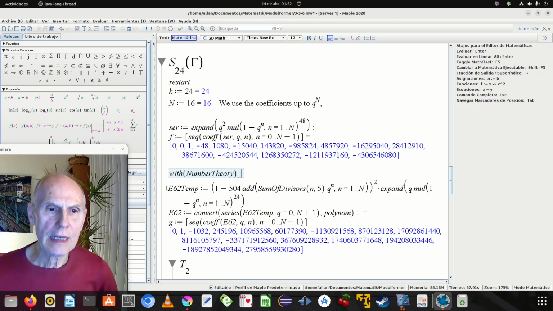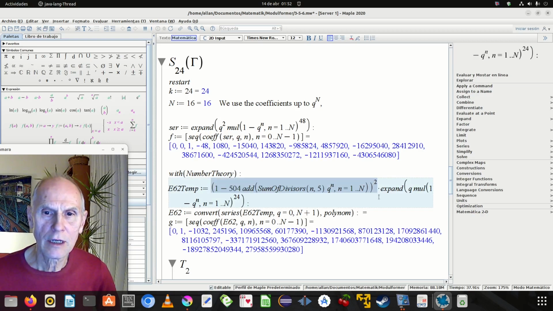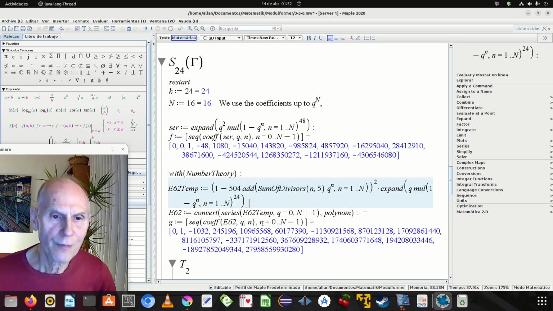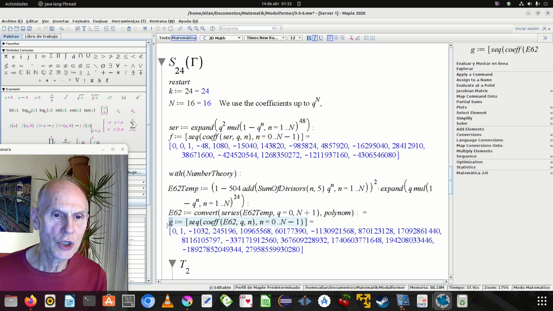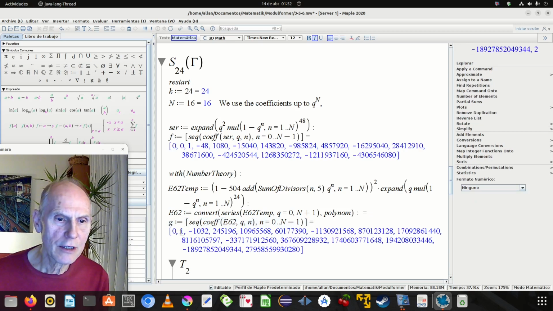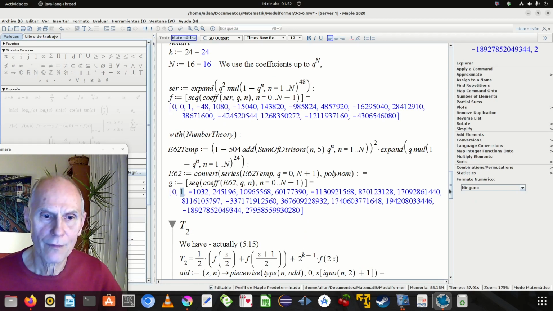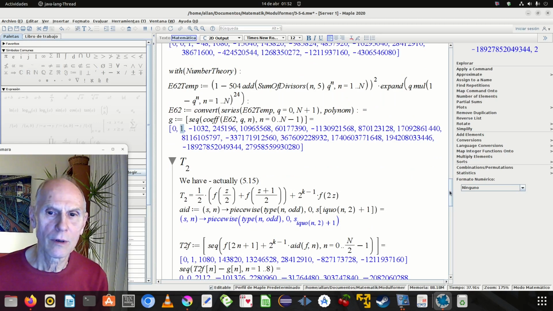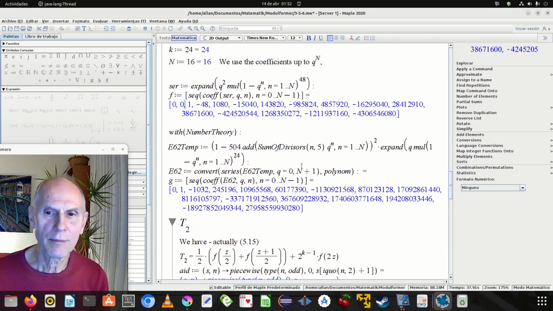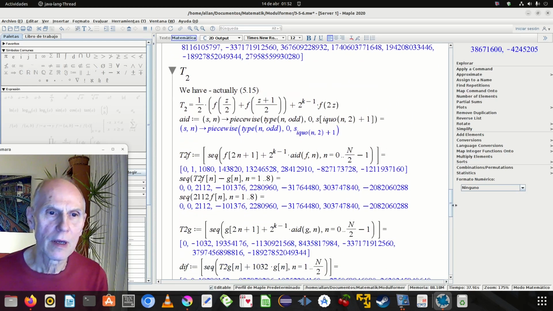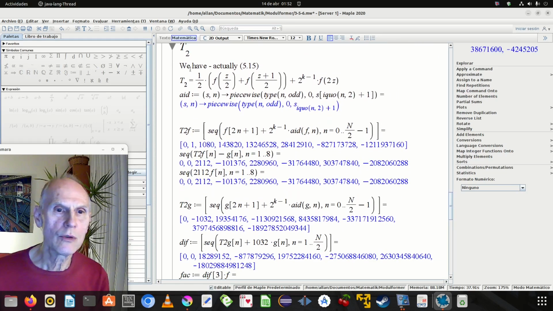And then E6 squared times delta. This is E6 squared, and then delta comes, and I take out the coefficients and call them G. We see that this one is actually normalized, whereas this cannot be. Then we start T2, the same definition as before.